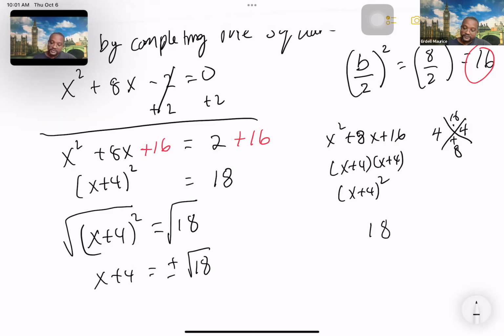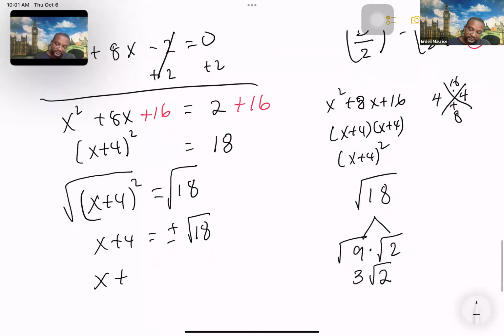So 18 is made up of 9 times 2, where 9 is the largest perfect square that divides into 18. And therefore, the square root of 18 is going to be the square root of 9 times the square root of 2. So this is x plus 4 equals plus or minus 3 radical 2. Questions there?